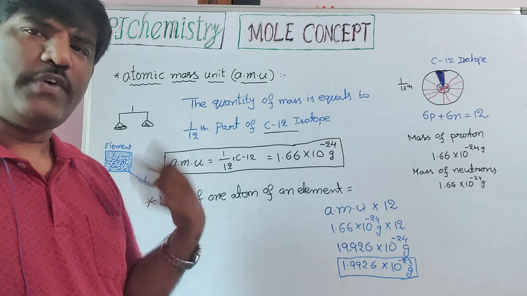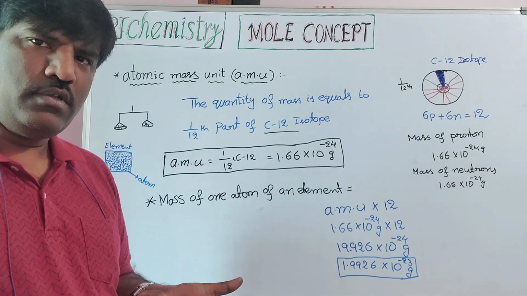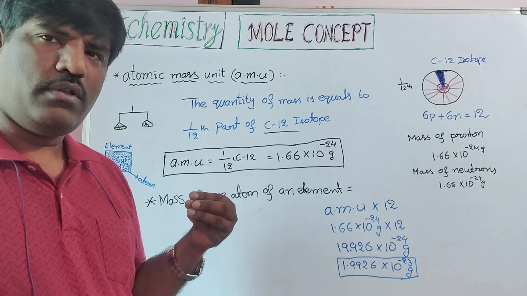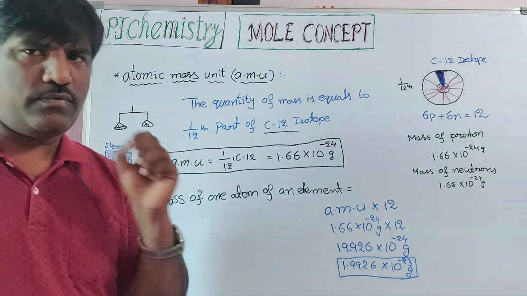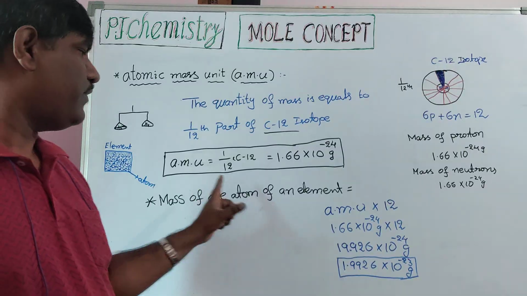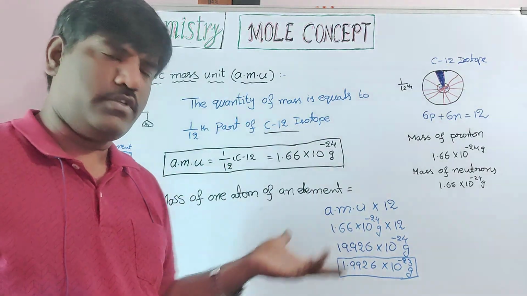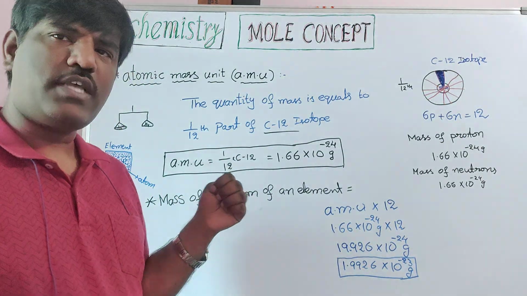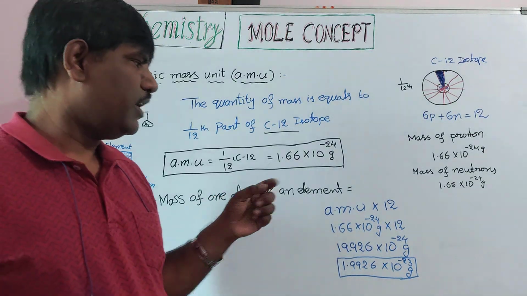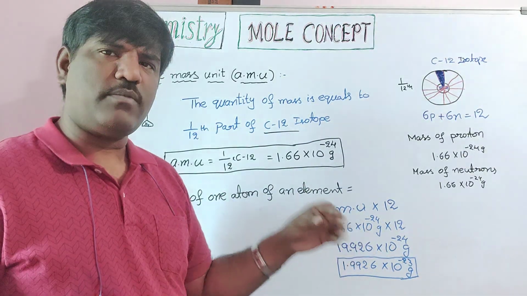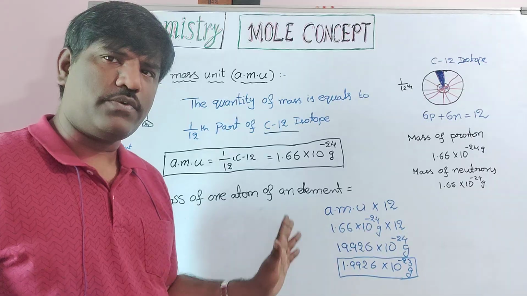Even for a molecule also. Take a water molecule; there are many water molecules. For one water molecule, we mention the mass of one molecule. At that time, the AMU value is fixed at 1.66 into 10 to the power of minus 24.